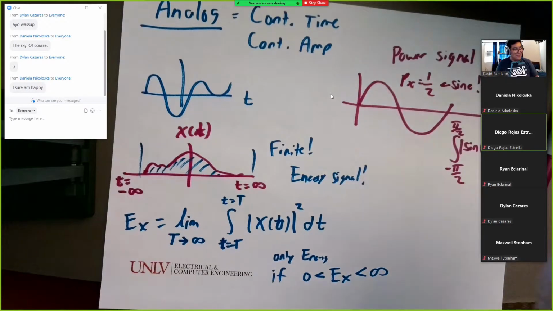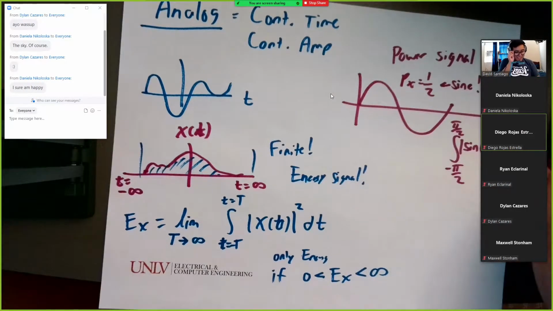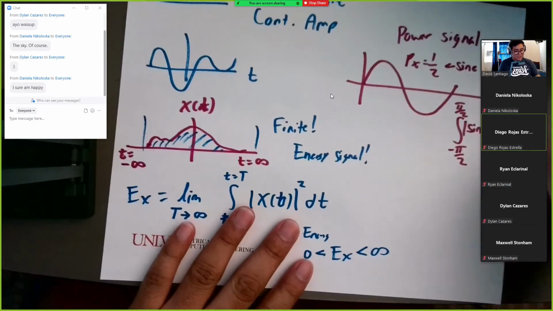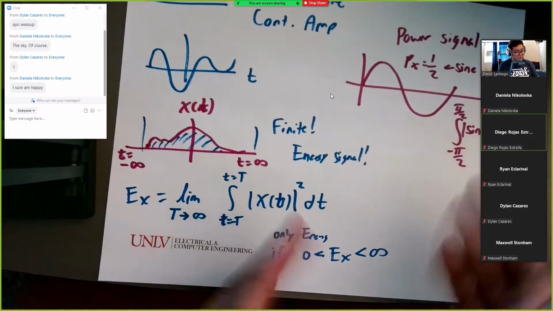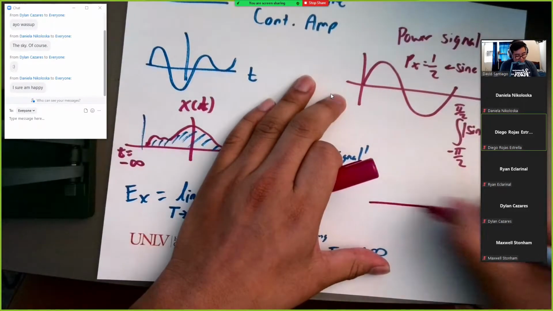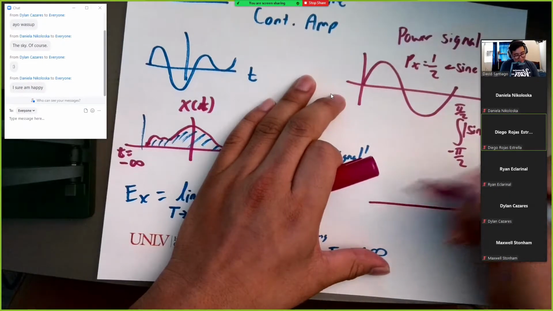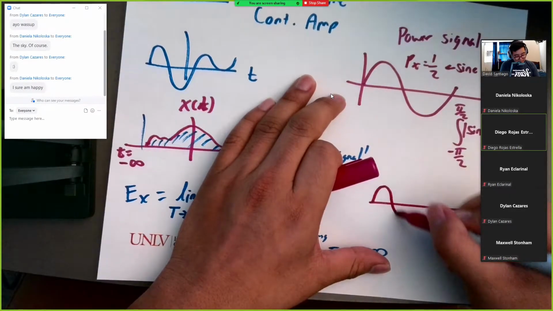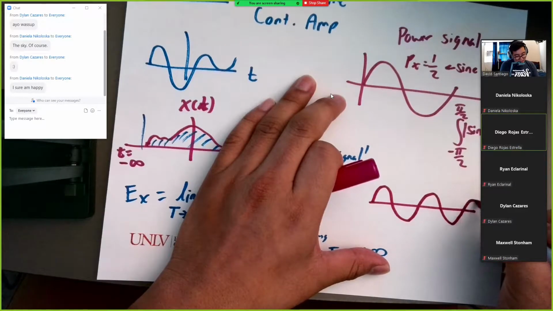So the full definition of a power signal, and this is what Dr. Steve was trying to get to you, and I'm going to try and explain it first, is suppose you had this periodic signal that kept doing this forever.